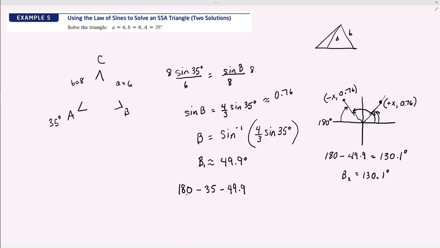So whatever's left over of the 180 degrees goes to C. So since we got the B1 working in here, we'll call this a C1. And C1 is going to be about 95.1 degrees.